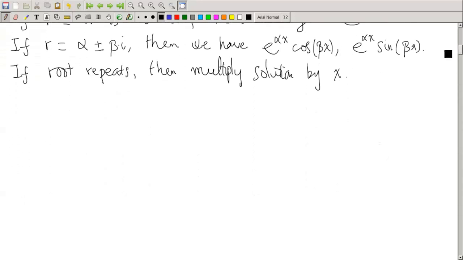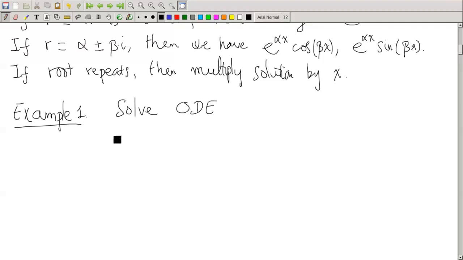So let's look at a few examples here. Example 1, we want to solve the non-homogeneous equation 4y triple prime minus y double prime equals 3x.